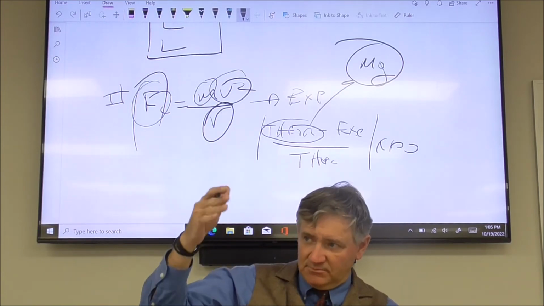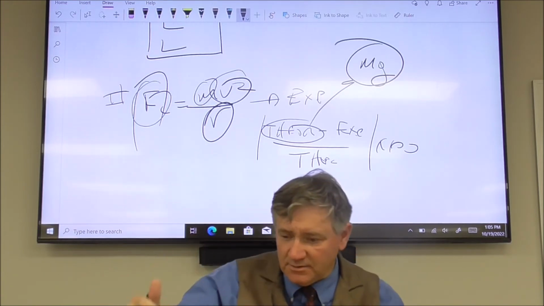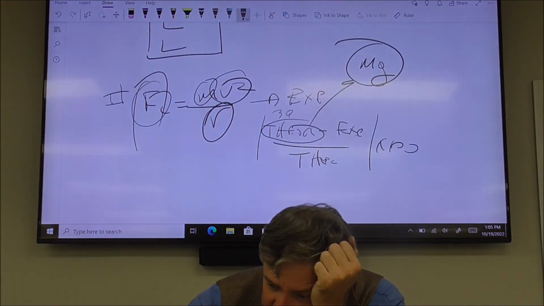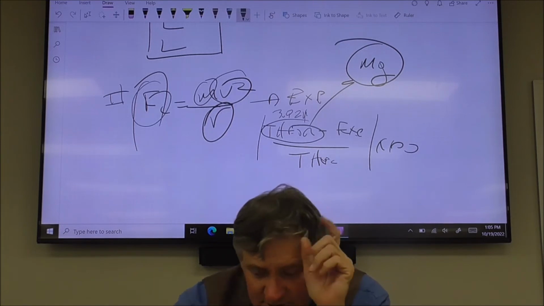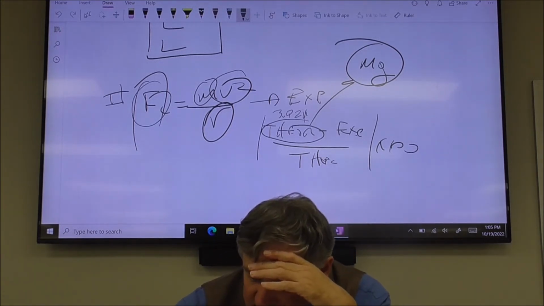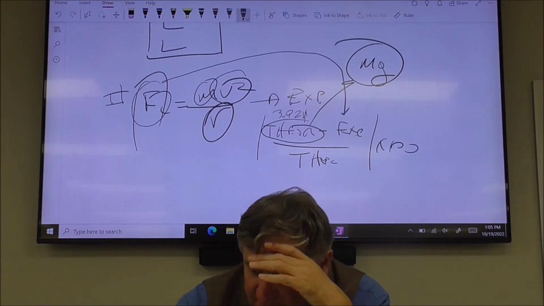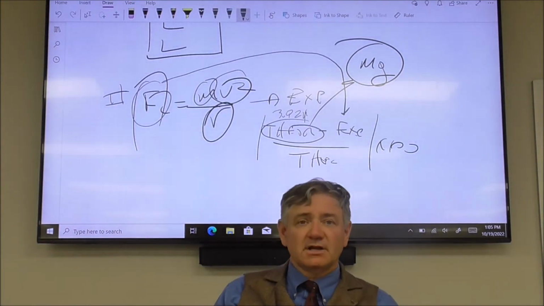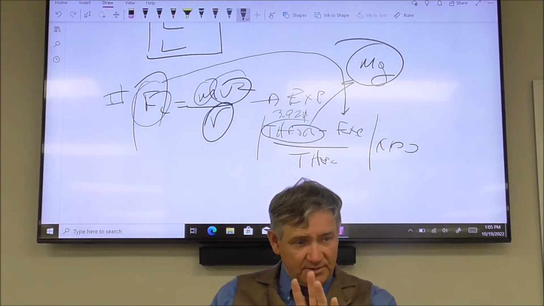You should have that somewhere. 3.92. This is going to be the same for everybody: you should get 3.92 newtons. You're going to subtract what you get using mv squared over r, because that's your experimental value.